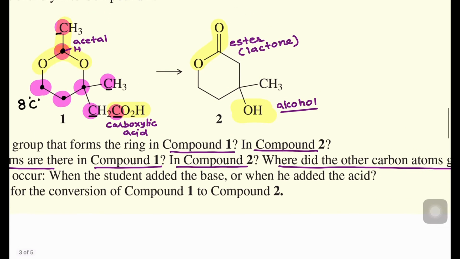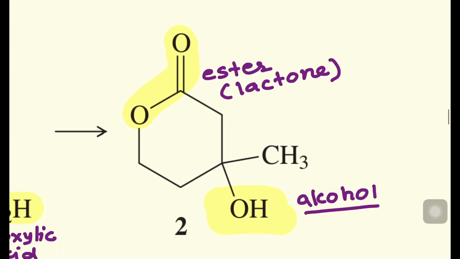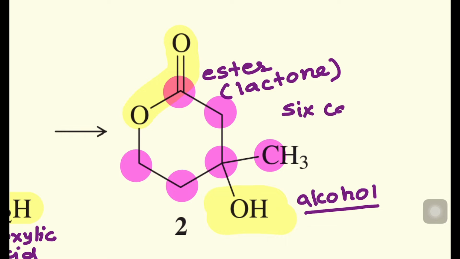Now in compound 2, we have to figure it out. In this case also, this is the first carbon, second, third, fourth, fifth, sixth. So in the second molecule, we have only 6 carbons.